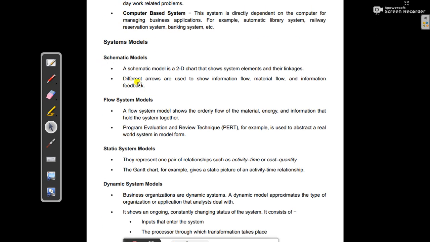So what are the system models? The first one is schematic models, the second is flow system models, the third is static system models, and the fourth is dynamic system models. These are the different types of models that exist, meaning the model of a system.